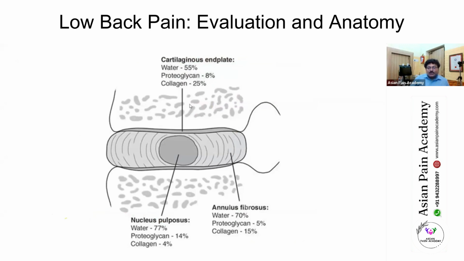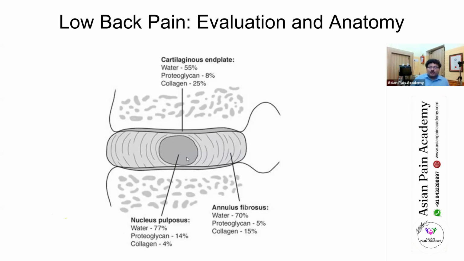As we go from the cartilaginous end plate to the annulus, water content increases to 70%, proteoglycan 5%, collagen 15%. Inside the nucleus, water content is maximum, 77%, proteoglycan 14% and collagen 4%.